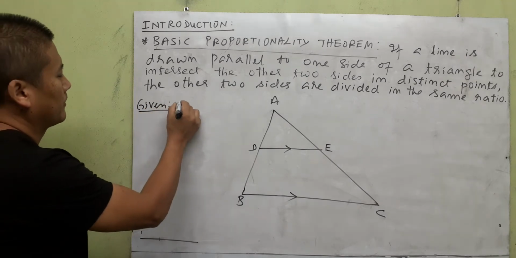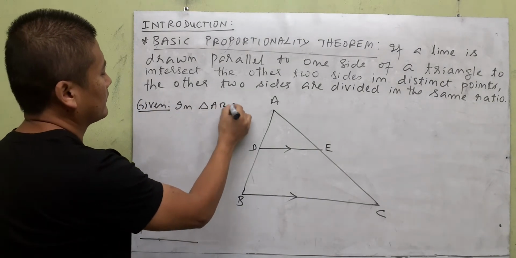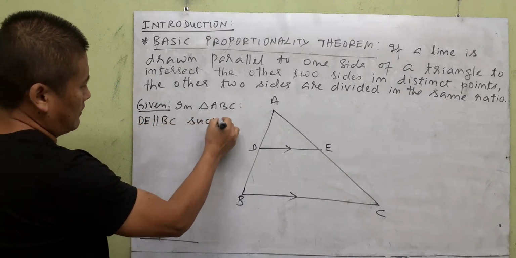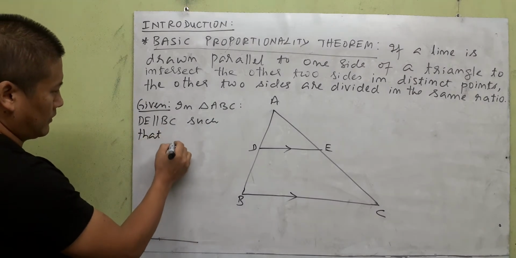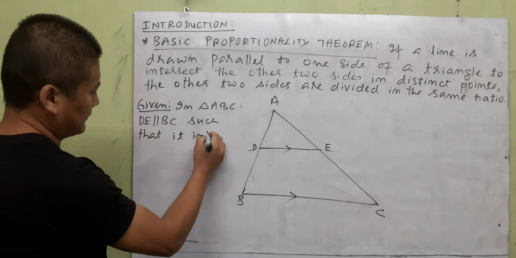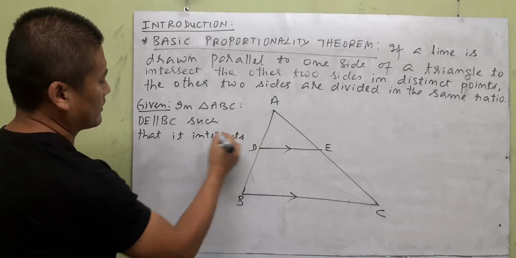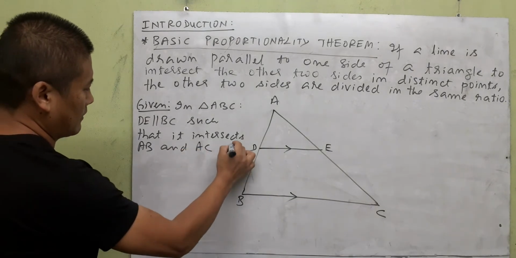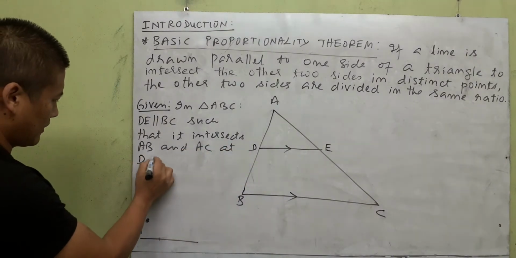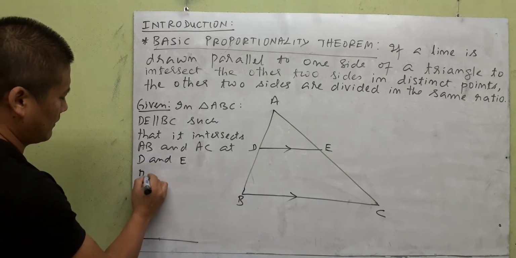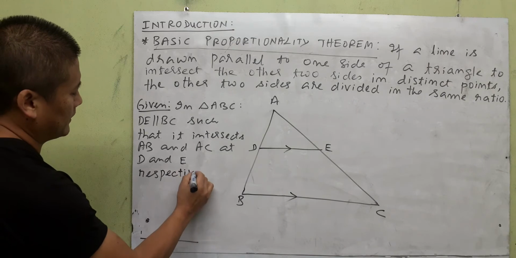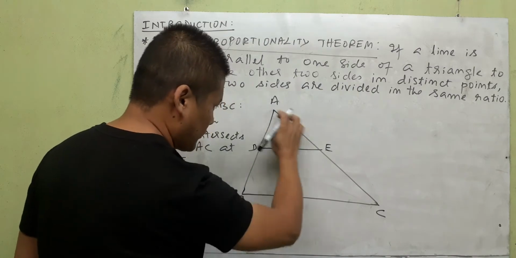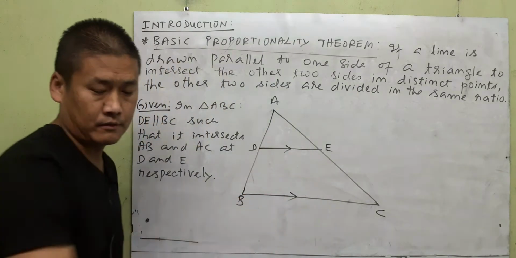Given is, in this triangle ABC, the line DE is parallel to BC such that it intersects the other two sides, AB and AC, at the points D and E respectively. So this line is parallel to one side BC and cuts the other two sides of the triangle, AB and AC, at D and E, right?